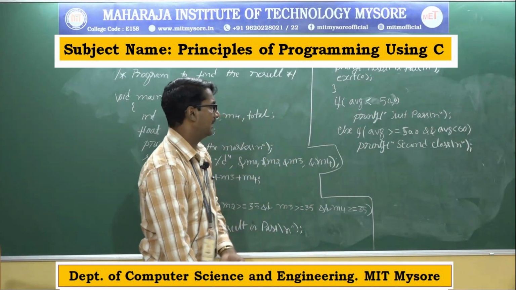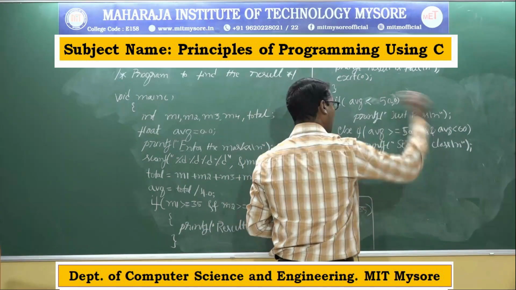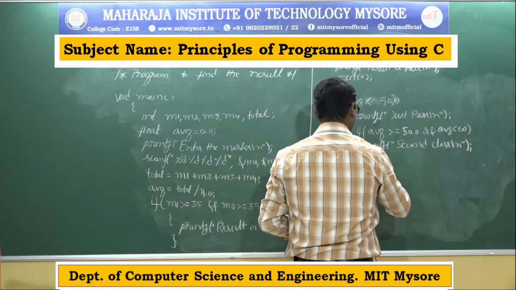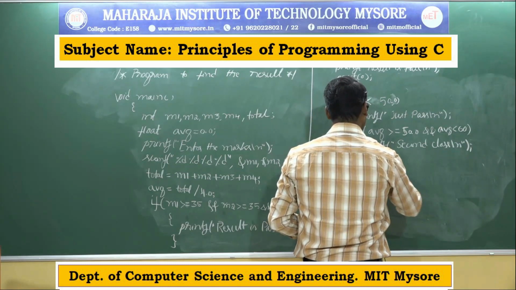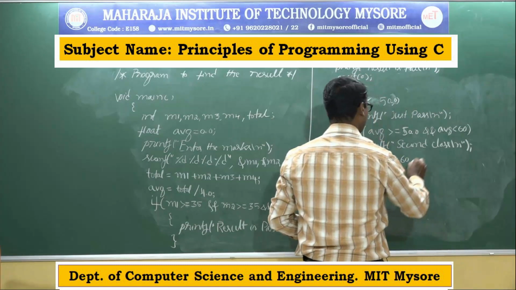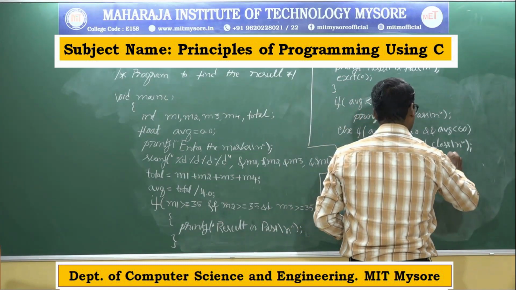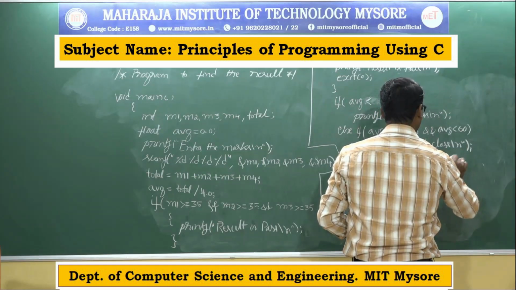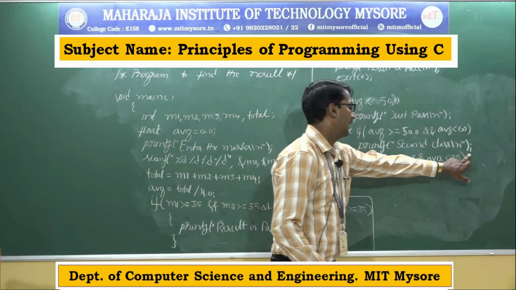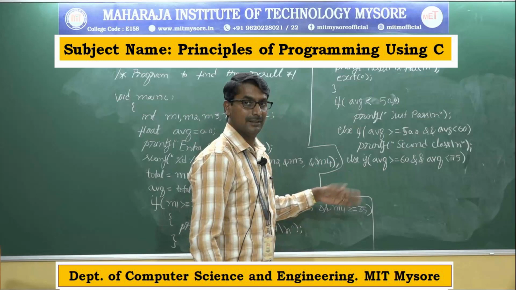If in case the average marks is above 60, else if AVG greater than or equal to 60 and AVG less than 75, then the result is first class.